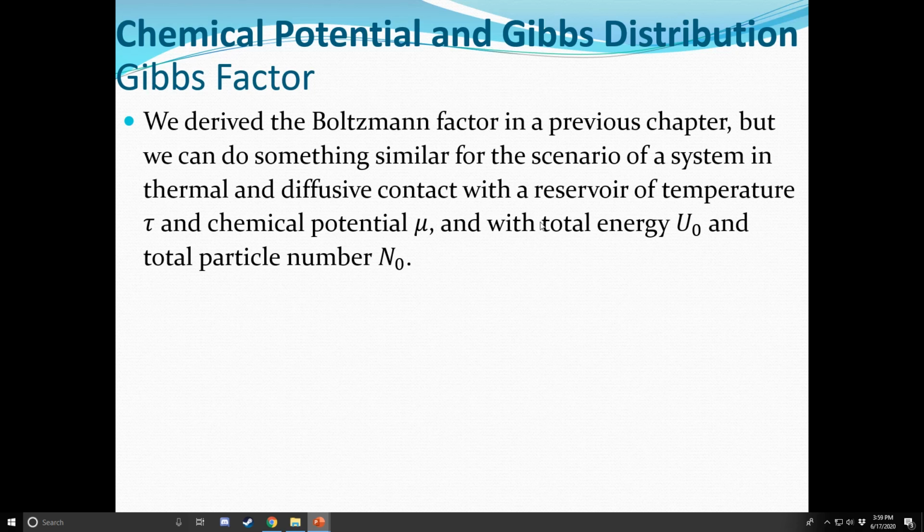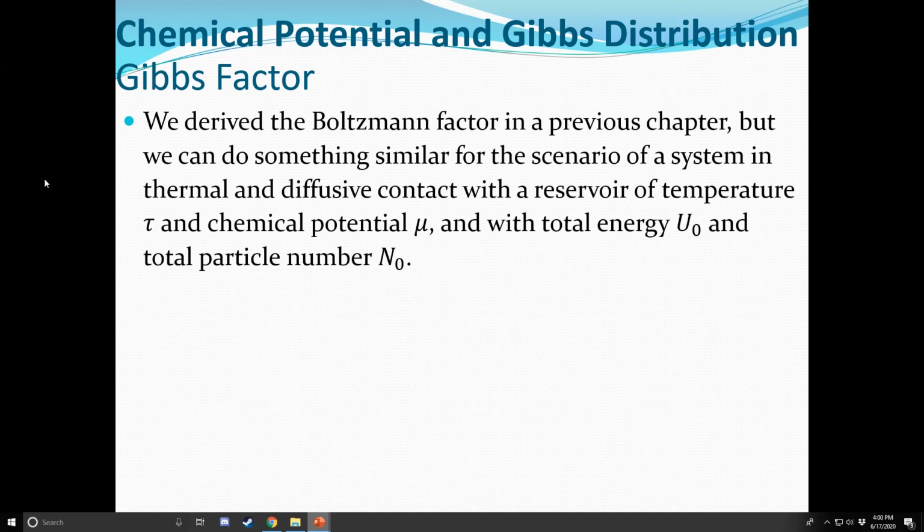So before, when we had the Boltzmann factor, you remember that came up with talking about how the probability changes based off of two systems in thermal equilibrium. Well, now we have a situation where it's in diffuse thermal contact. So now what we want to do is find a way to incorporate this chemical potential factor.